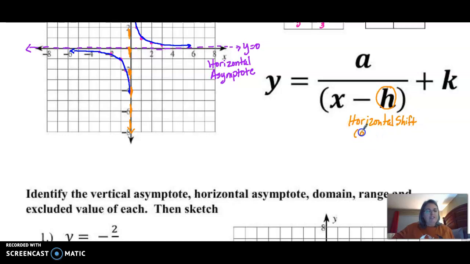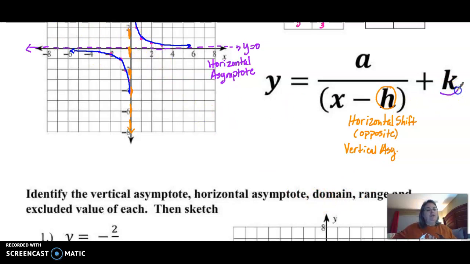And remember, it always goes opposite the direction you think. We think minus means it's going to go left, but when it's x minus h, that actually means it's going to go to the right. This will also give you that vertical asymptote. I'm just going to put ASY for vertical asymptote.